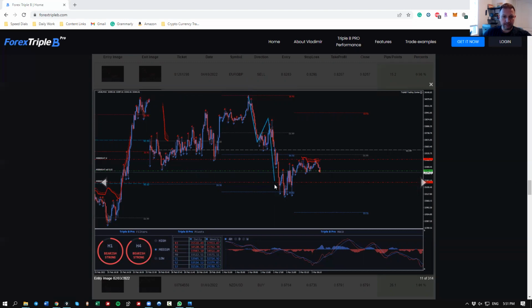Besides that, we have lower highs, lower lows, trending conditions. Then we get a pullback. And this pullback comes to the place where we have, look at that, daily and weekly pivots, and they hold. You see that?